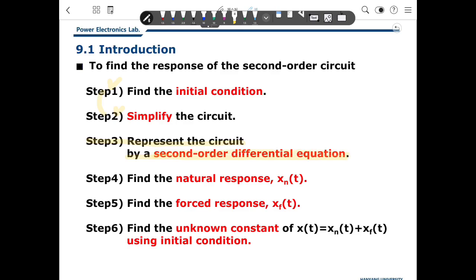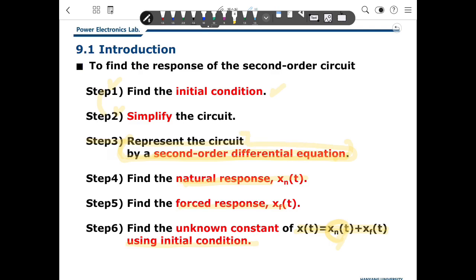In the case of a second-order circuit, we should figure out the second-order differential equation to describe its characteristic. Then, based on that, the next step is the same as before regarding the natural response and the forced response, and finally we need to know the unknown variables to complete the solution, using the initial conditions from the first step.